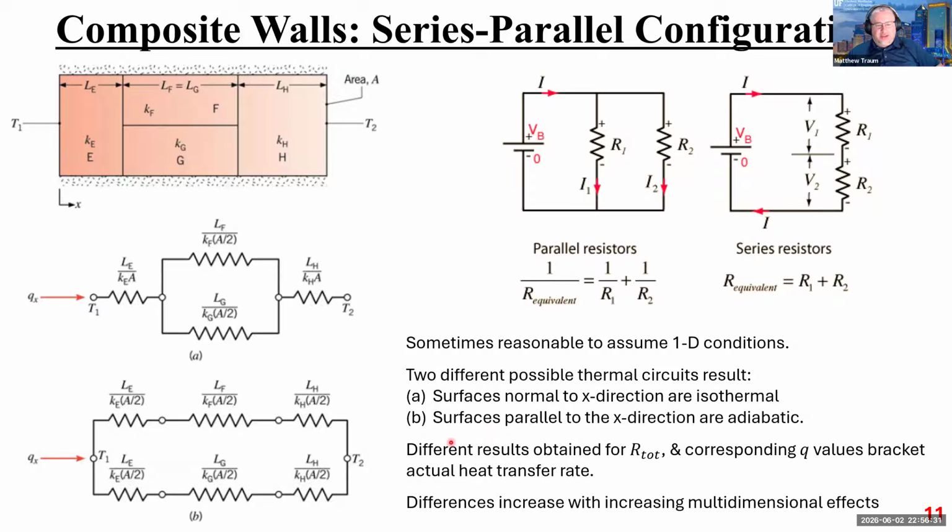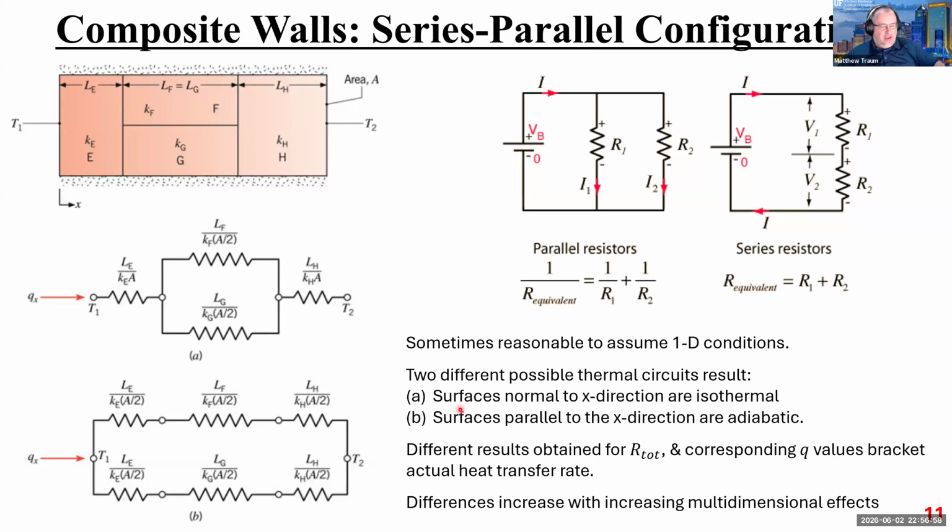So these two different circuit configurations result in a different value of R total, and then correspond to a different heat transfer rate depending on which one of these configurations you choose. And it turns out that what I've just described are the two extremes that bracket what actually happens.